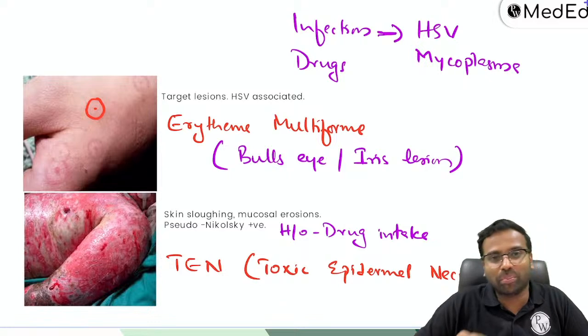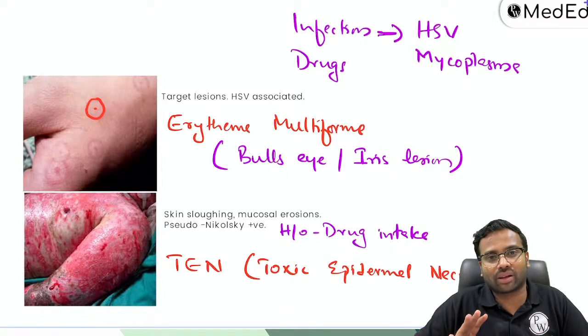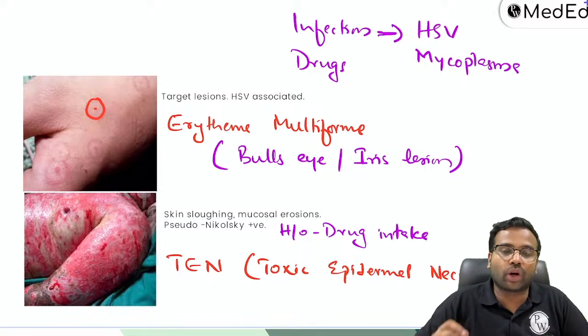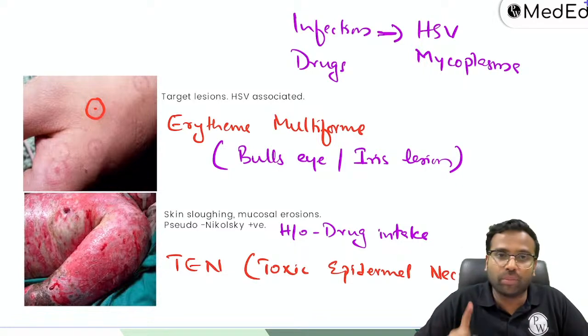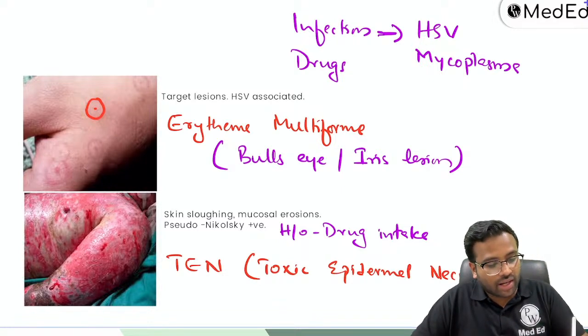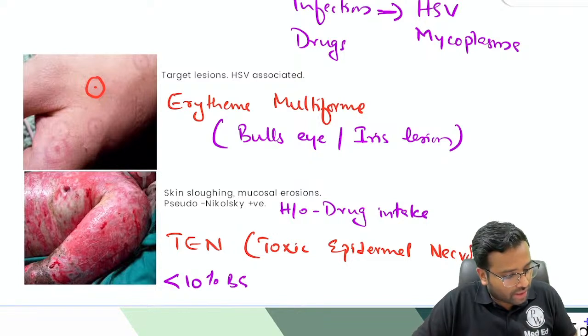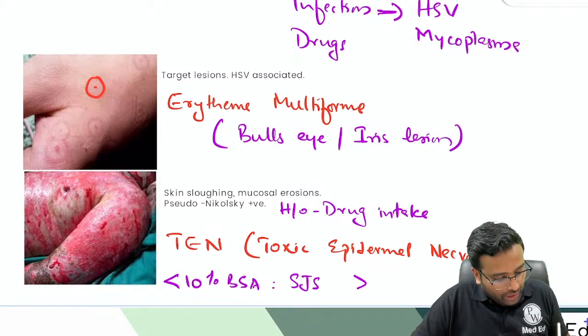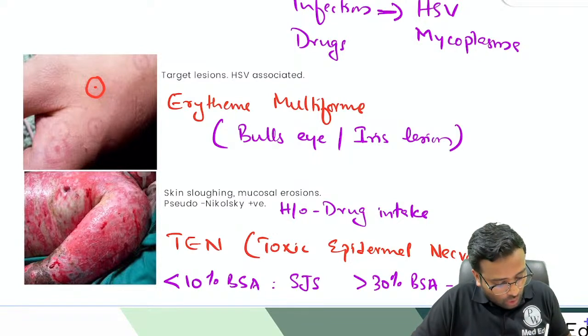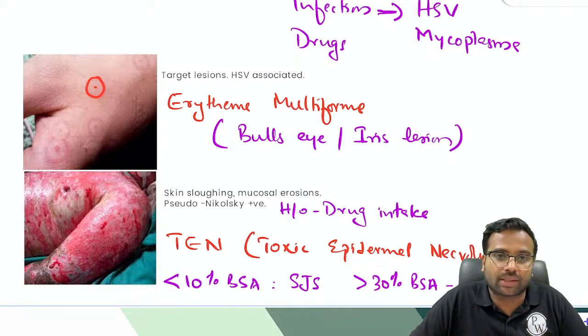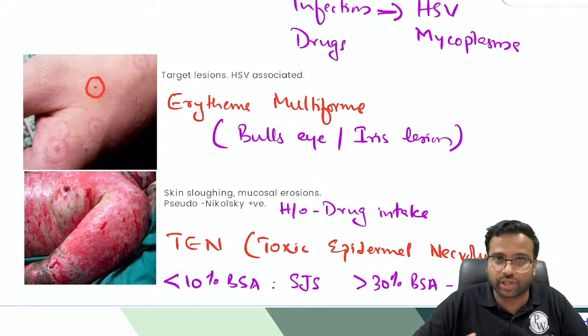No, because in both Stevens-Johnson syndrome and toxic epidermal necrolysis, the mucosa can be involved. Yes, body surface area. The differentiating factor is, I'll just write it down as well. If there is less than 10% body surface area, you can call it Stevens-Johnson syndrome. If there is more than 30% body surface area, you can call it toxic epidermal necrolysis. The body surface area is what differentiates them.